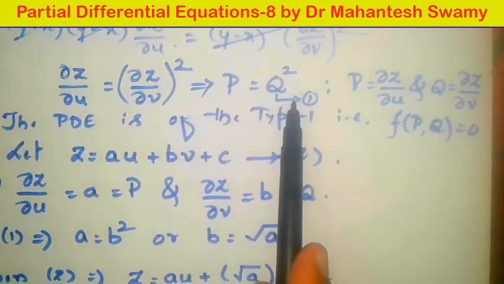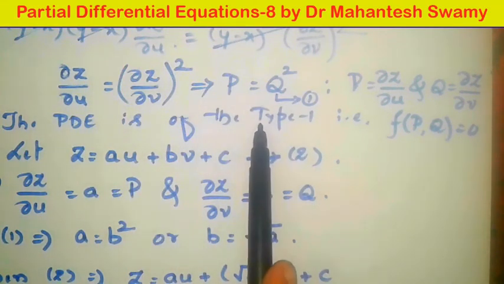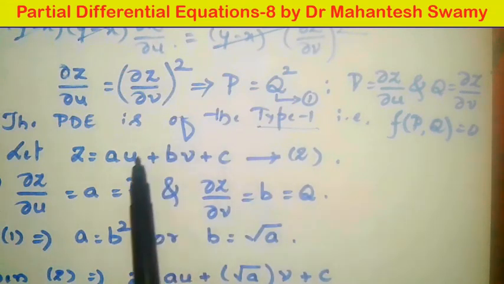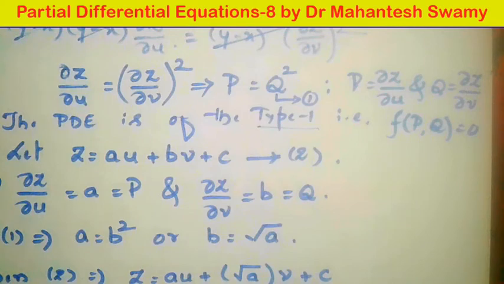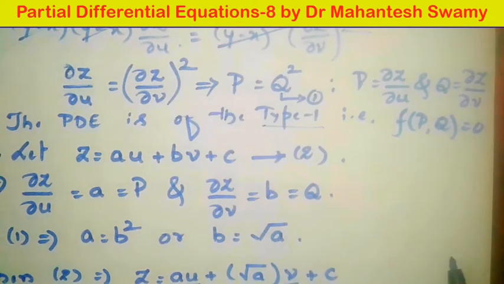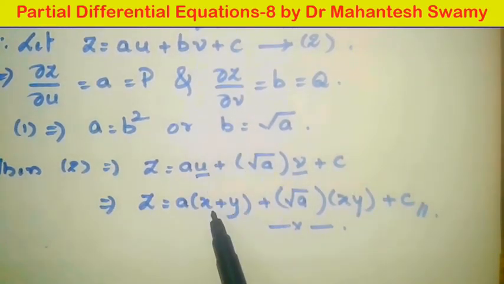We called this equation number 1, and it is of type 1 form, and we followed the same procedure and got this solution. Once again we substituted the values of u and v as x plus y and xy respectively, and got the complete integral at the end.